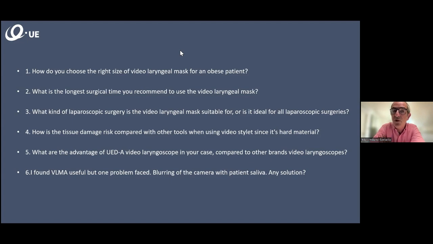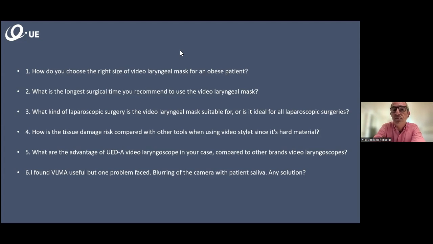I would not go, let me say, blindly to the larger available size, because it doesn't mean that if you are overweight, your pharyngeal inlet or your laryngeal inlet are larger than usual. And as a general rule, I always like to have a larger number mask, less inflated, rather than a smaller number hyperinflated, because the surface is different, especially when you use silicone cuffs.